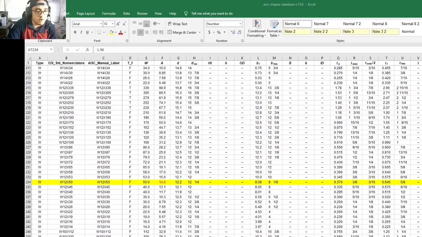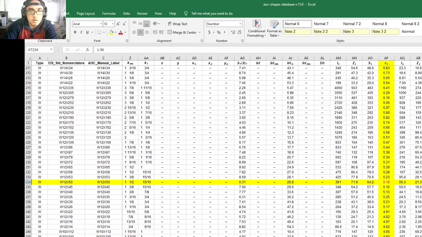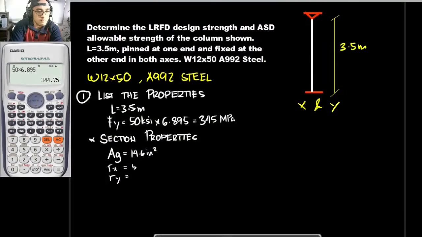So that is to be 14.6 square inches. Rx and Ry, that is to be 5.18 and 1.96. So, both are in inches.